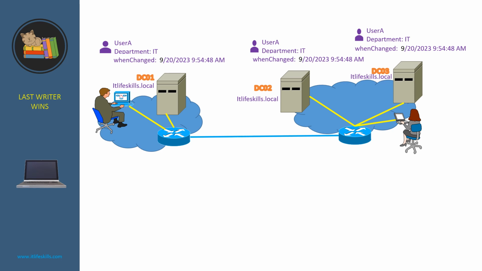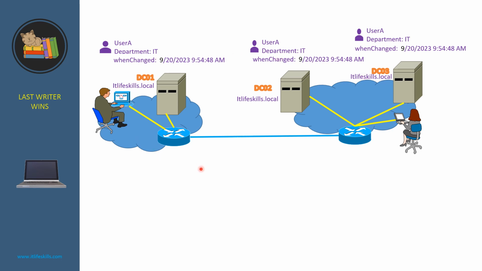As you can imagine, the multi-master model introduces the possibility of conflicts as it may take time to replicate the data from one DC to all other DCs. Let's take a look at this example to see how Microsoft solves the problem with the last writer wins algorithm.